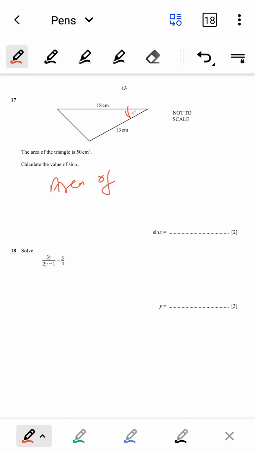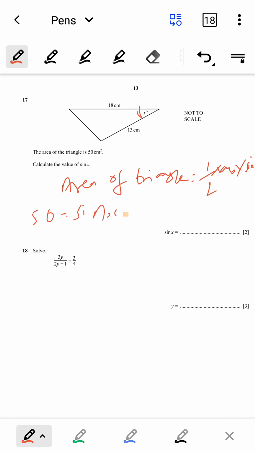Area of triangle is half into AB sin theta. So here sin x is there. Area has been given as 50, equal to half into 18 into 13 into sin x.